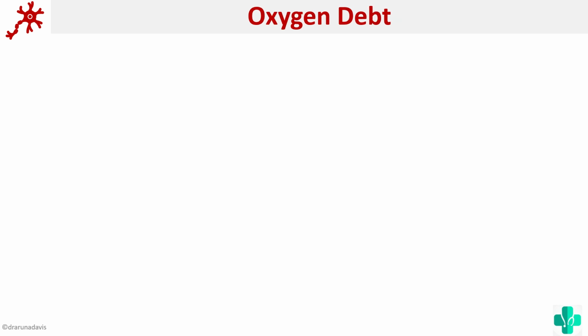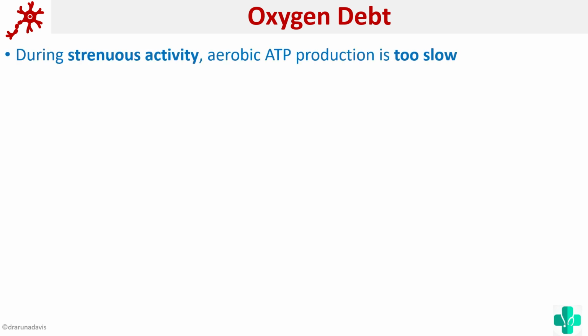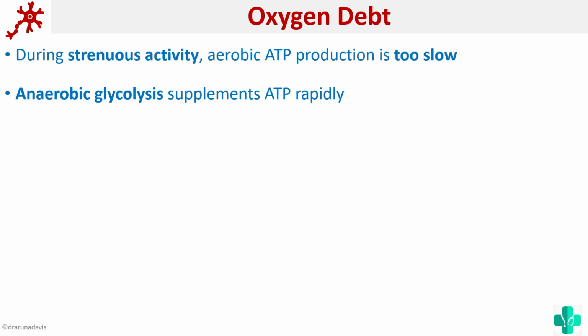So what do you mean by oxygen debt? Suppose we have a strenuous activity. The body will try to use more anaerobic glycolysis, because if oxygen is not there, obviously the muscle will have to go for anaerobic glycolysis, and it can provide ATP rapidly.